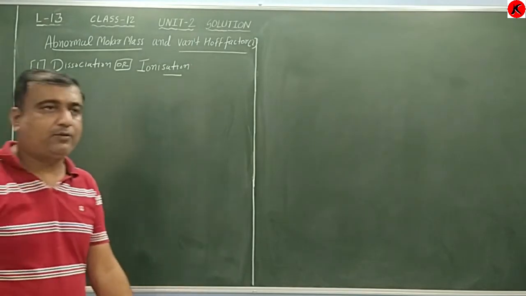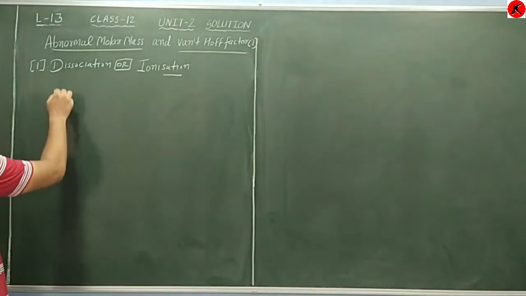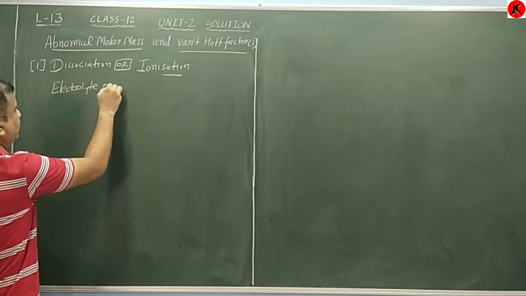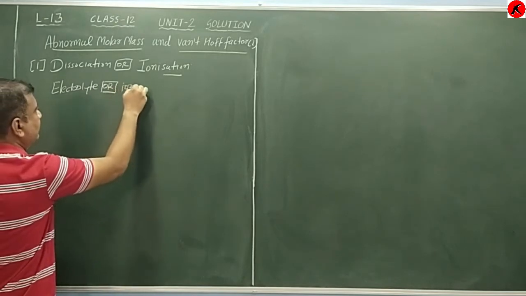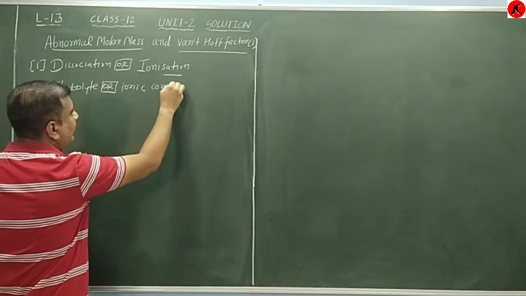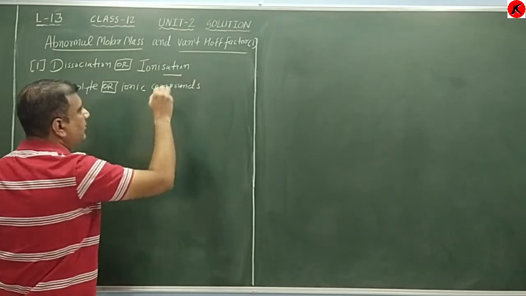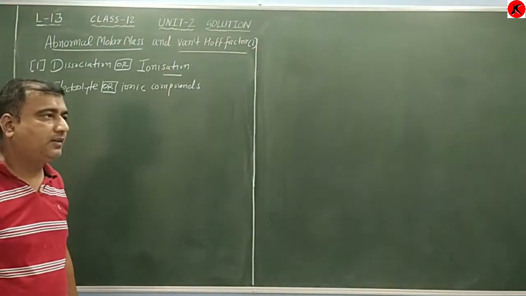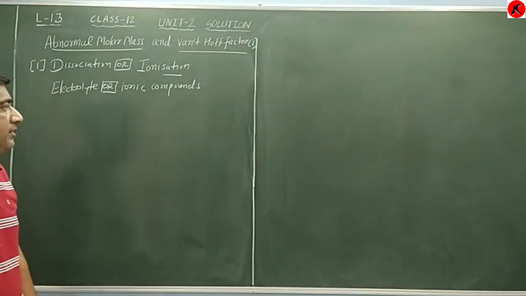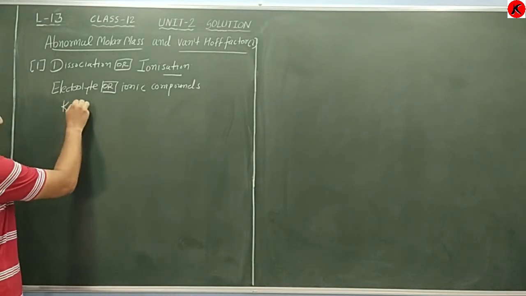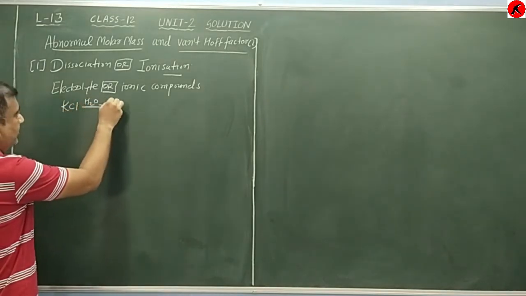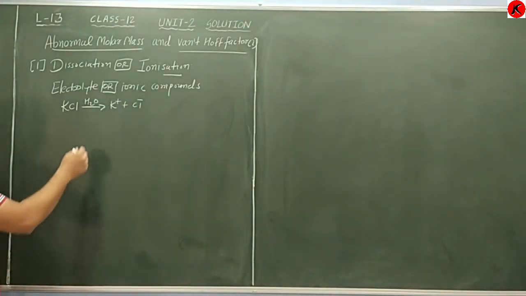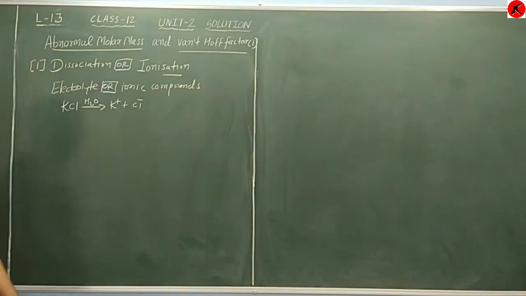That means when an electrolyte, otherwise an ionic compound, is dissolved in water, then it will undergo ionization, otherwise dissociation occurs. Say for example, KCl. When dissolved in water, then K plus and Cl minus are produced. It undergoes dissociation.